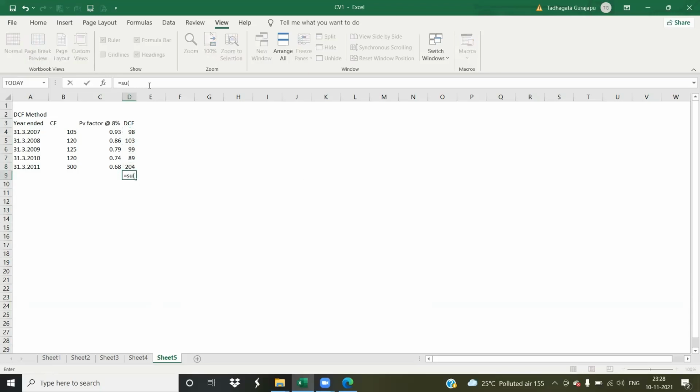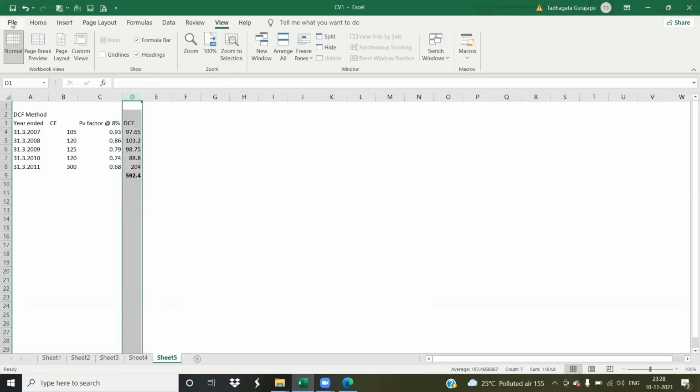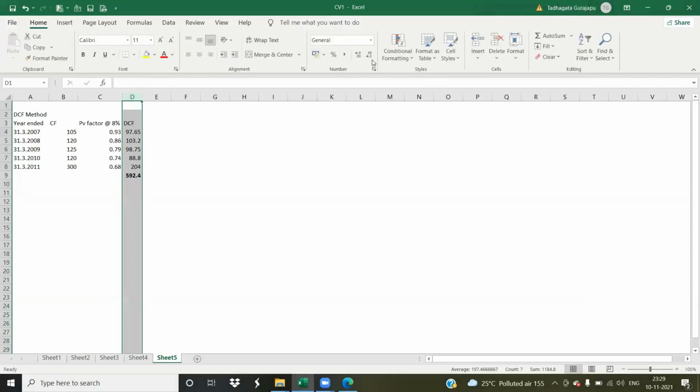What is the sum of all this? So this is the value as per DCF method.